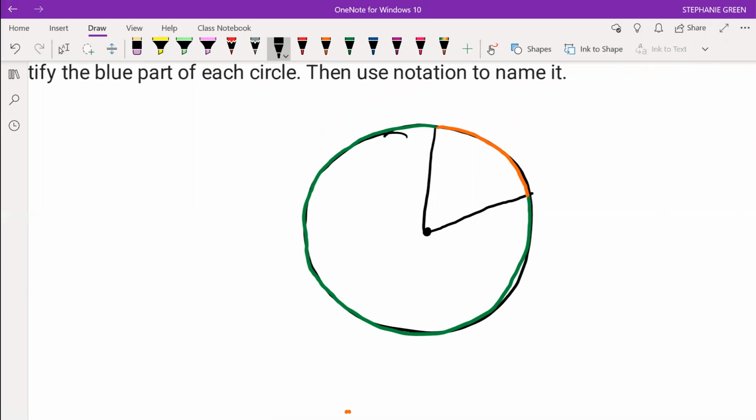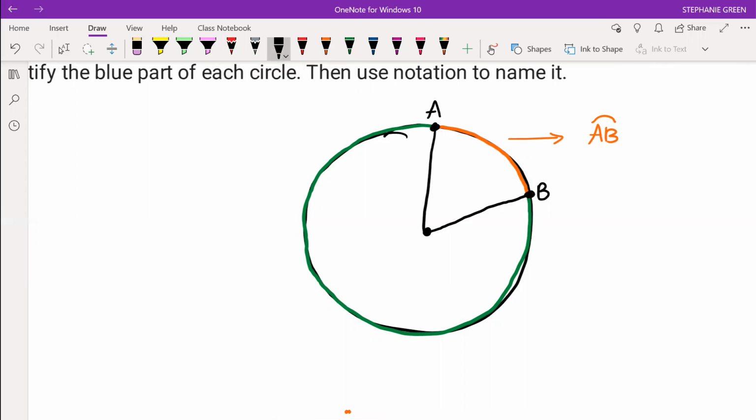Suppose the endpoints of this central angle are A and B. Then the name of this minor arc will be arc AB, or arc BA. But I can't call the major arc the same thing because it's obviously a very different arc.